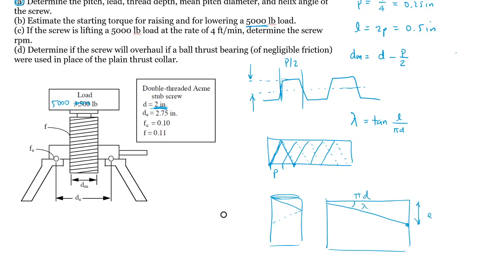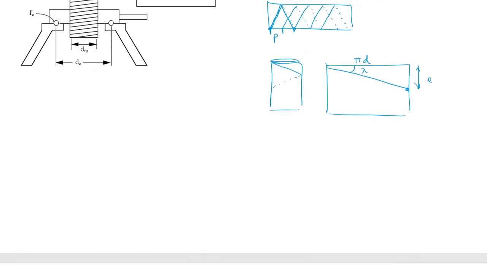Okay, so that angle lambda would be tangent of L over pi d, right? And so lambda in this case would be 4.73 degrees. Okay, estimate starting torque for raising and lowering 5,000 load.